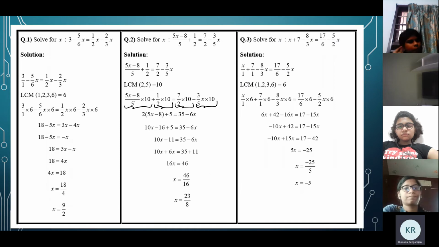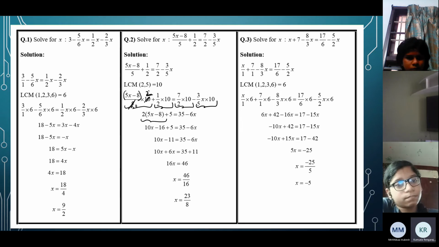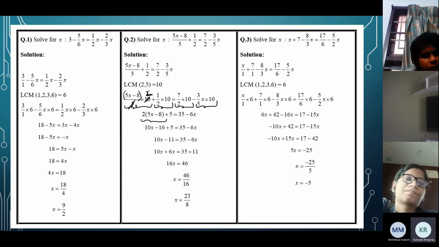All right, children. So now 5 ones are 5, 5 twos are 10. Now you can see the numerator has two terms. So write it as 2 into 5x minus 8. See here, 2 into 5x minus 8. Now what you have in the numerator is 2 and 5x minus 8. So you have to multiply 2 into 5x minus 8.